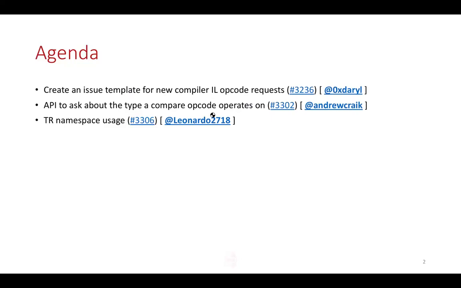So the if compare equal opcode doesn't have a data type today. Does adding a data type solve this? Only for if compare, not for the compare opcodes. Well, the comment was the if compares don't have a data type. Could we add a data type in there? Well, yes, you could. It would be a bit of a corruption of the meaning of data type, because data type means the type that the node produces, and an if compare does not produce a value.